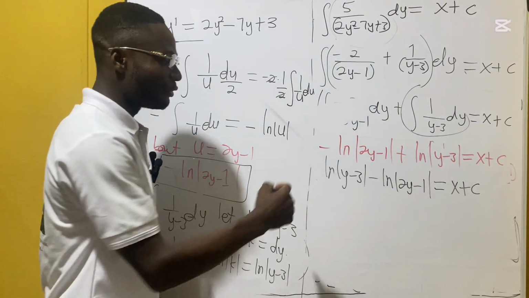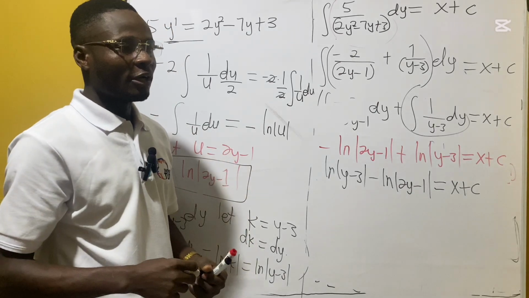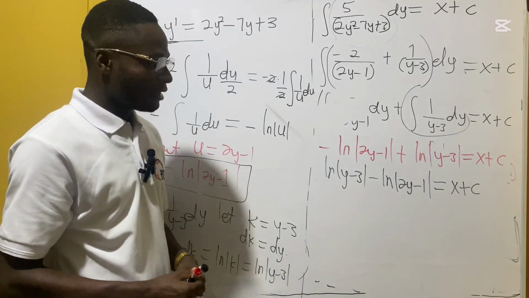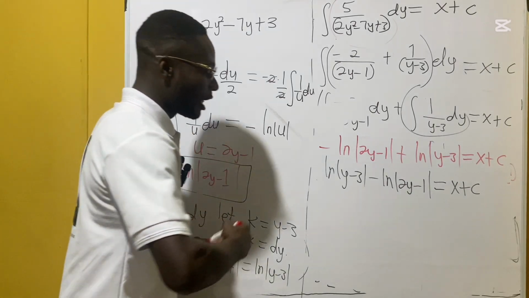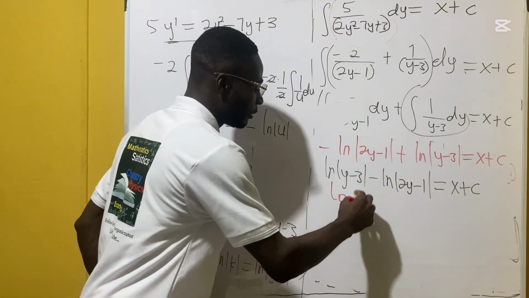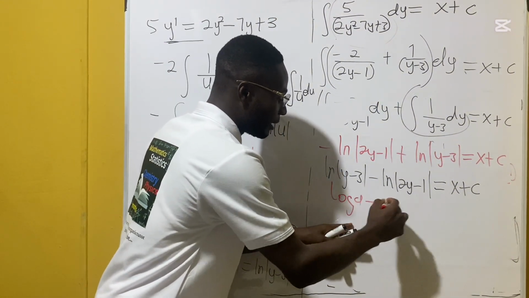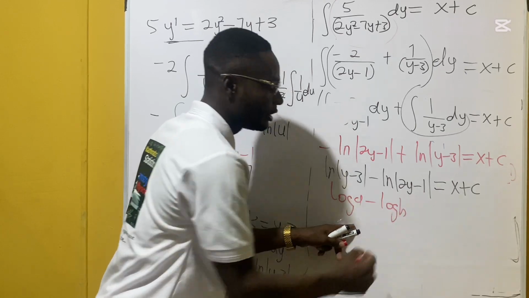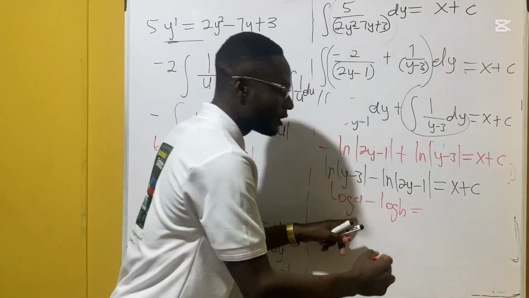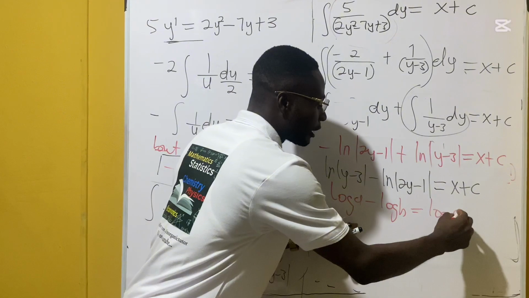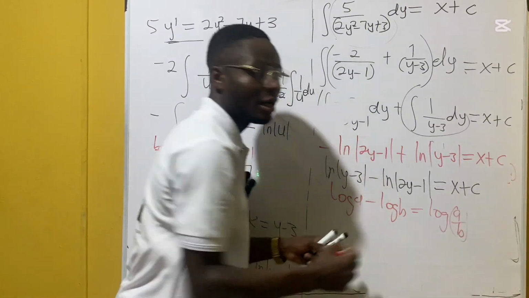And this right here, we know that in your pre-calculus, when you have logarithms, log a minus log b, we can always have log a on b, right?